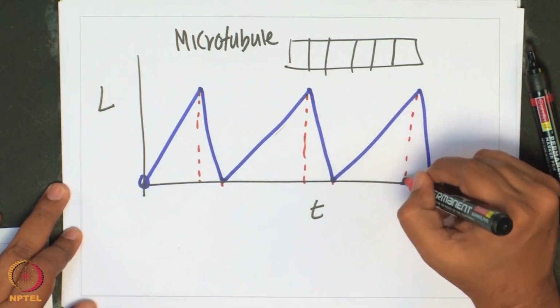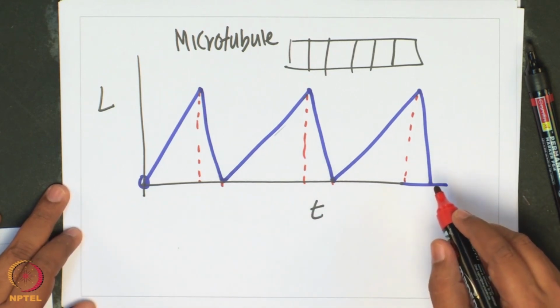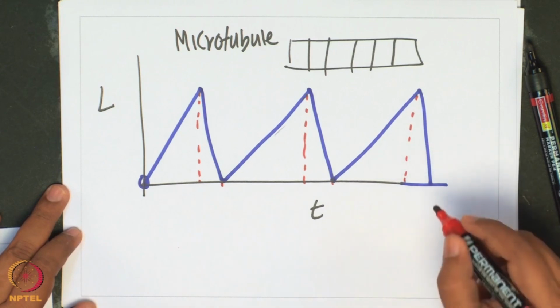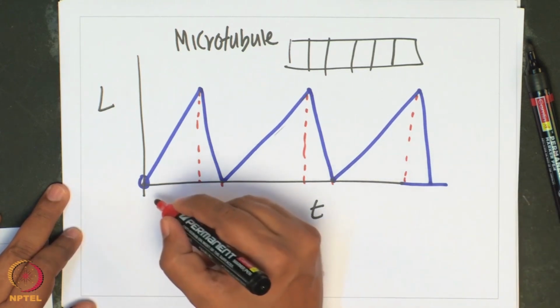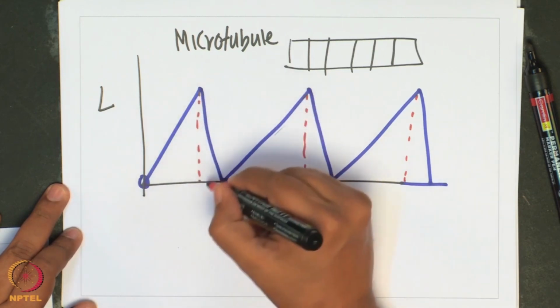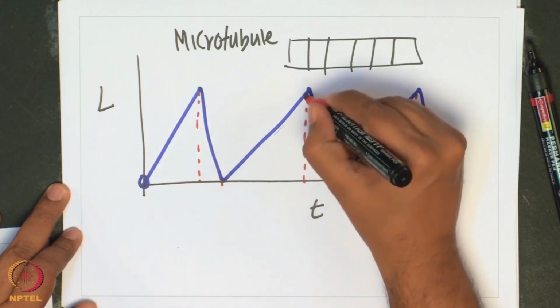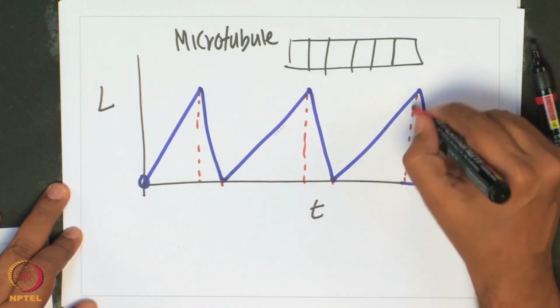So if you look at this length versus time, we would see a slow growth, which takes a long time, and a sudden shrinkage. This is shorter and this is long, short, long, short.